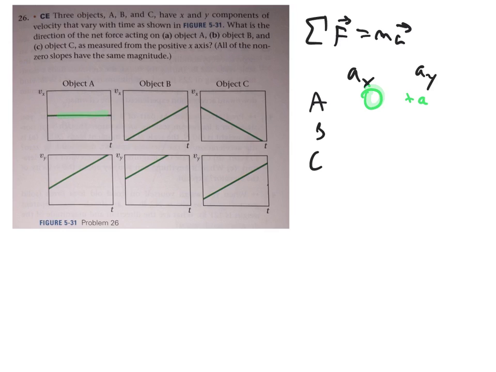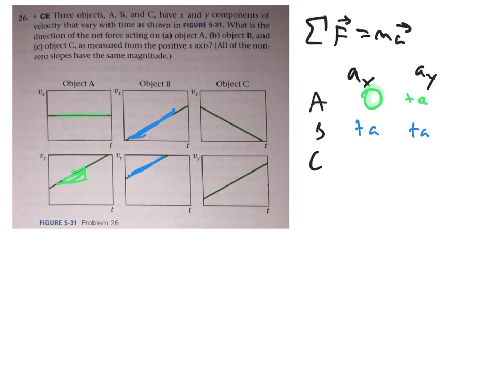If we look at B, right, because the acceleration is always the slope of the line, the slopes are the same. They told us that. And so we would get the same in a_x and a_y.